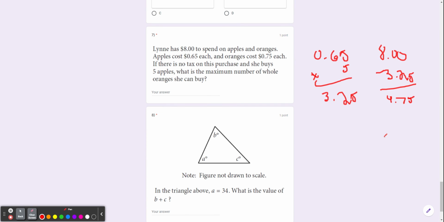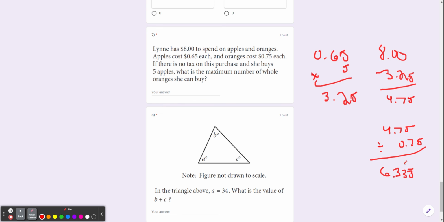And if each orange costs 75 cents, if I take $4.75 and divide by 75 cents, that tells me I get 6.3 repeating forever, oranges.